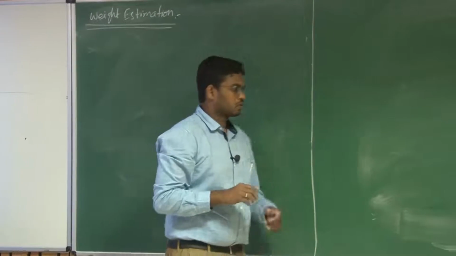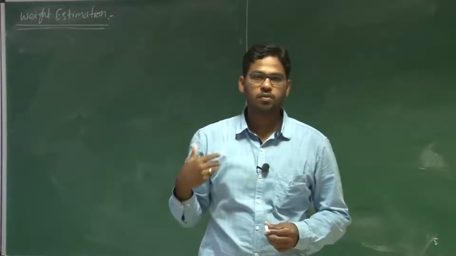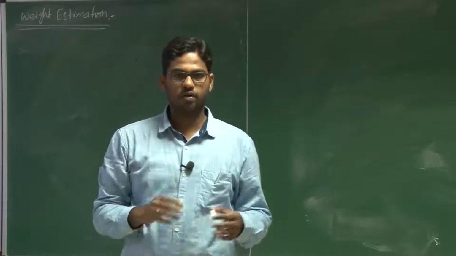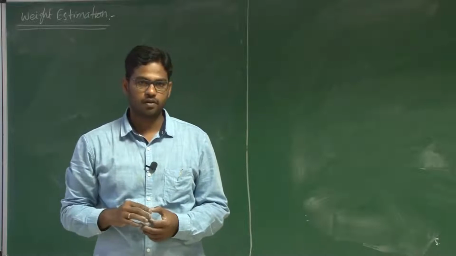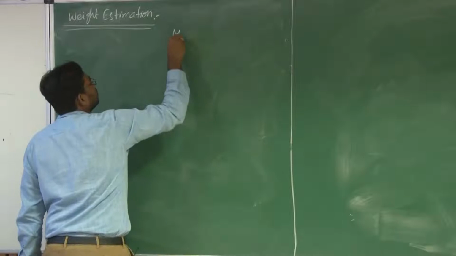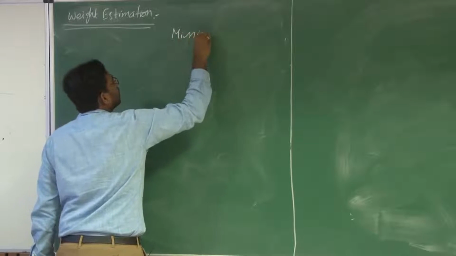So what does this weight estimation depend upon? Why does it vary from one aircraft to another, or one UAV to another? Okay, so there is something called mission requirements.